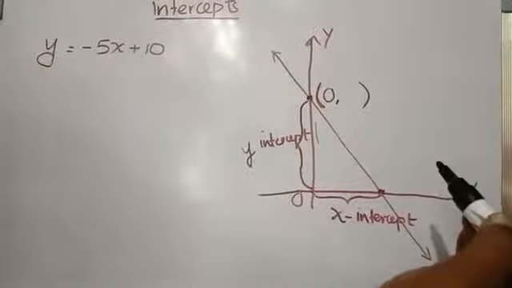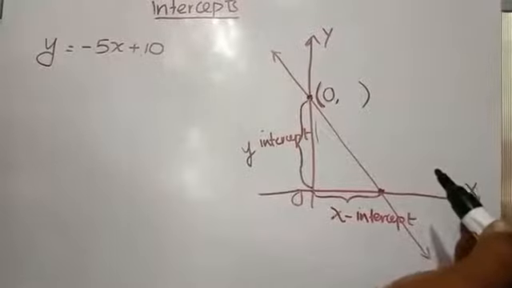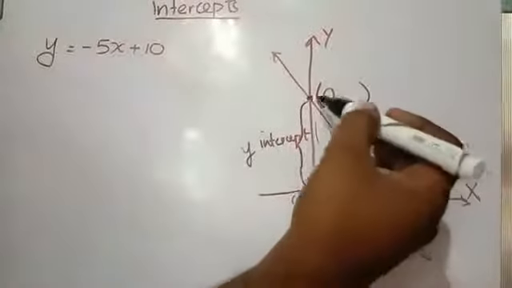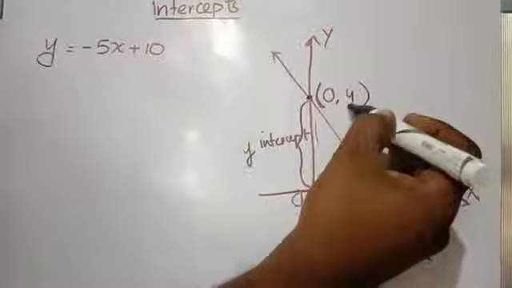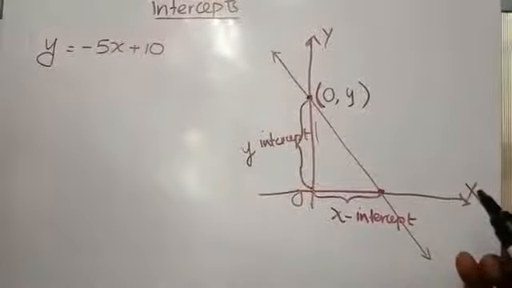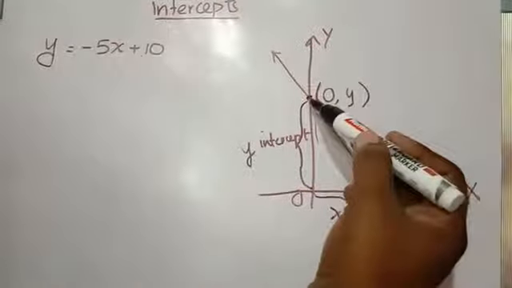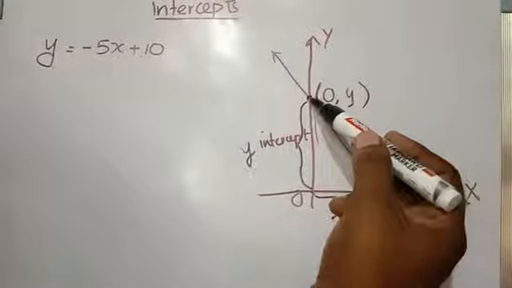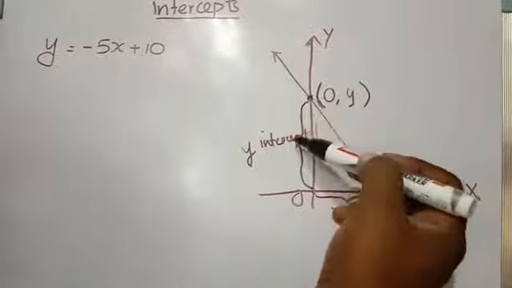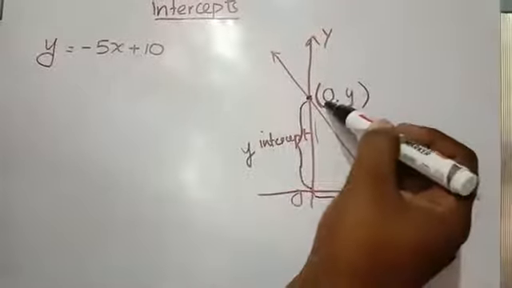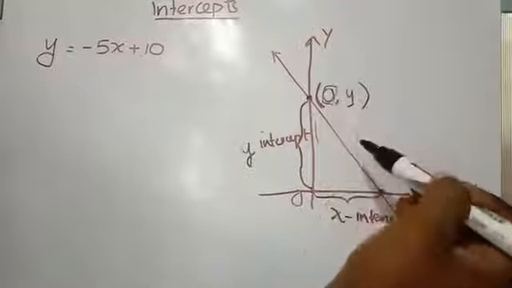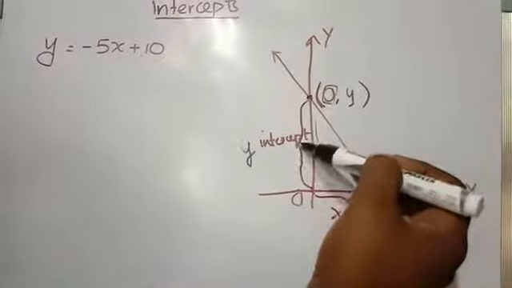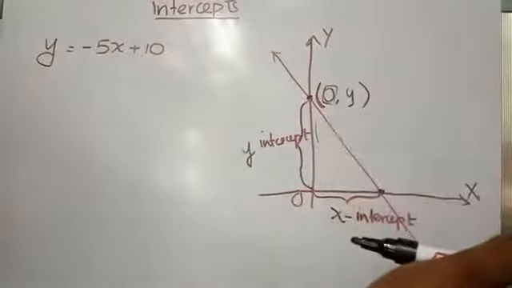On y-axis there is no value for x, so x is 0 and a certain y coordinate. That means on y-intercept the x value is 0, or to find y-intercept put x is equal to 0.